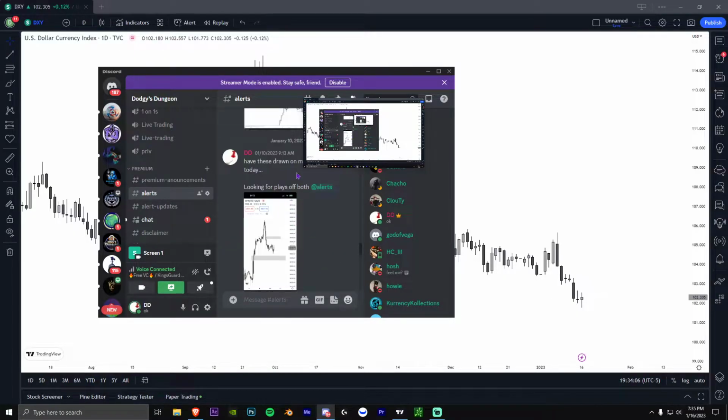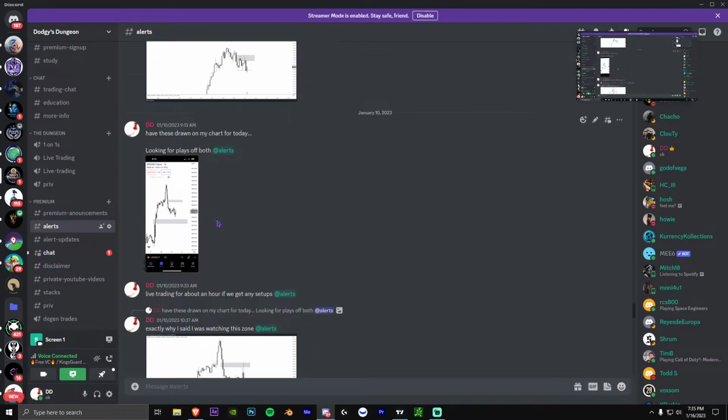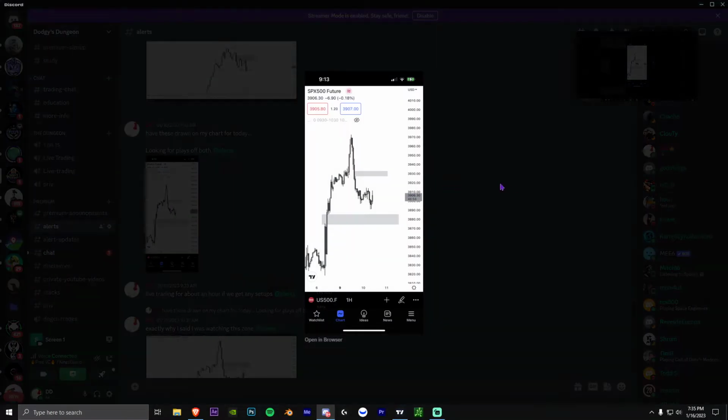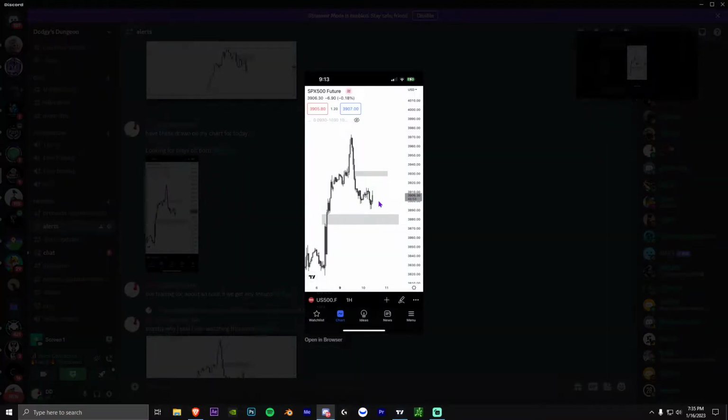Alright, so on the 10th, okay, this is the 10th. What I said is, I said, have these drawn on my chart for today, looking for plays off both. And you can see right here, we have this fair value gap and this fair value gap. And a lot of times when I don't know the bias for the day, if I don't see clear liquidity, what happens is I look for fair value gaps in like the 15-minute or 1 hour, and I'll base my plays off of that.